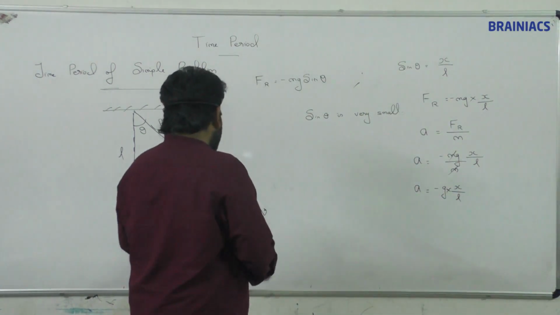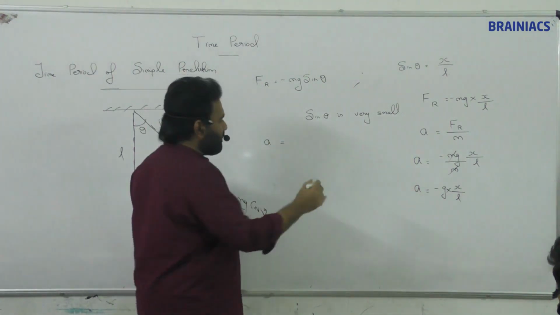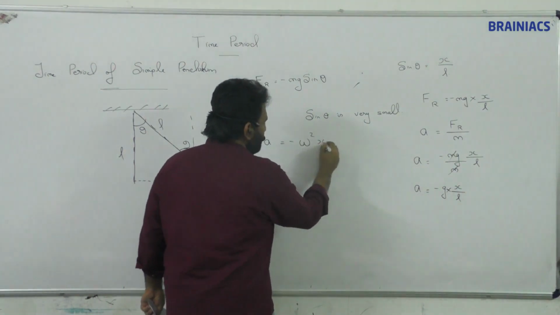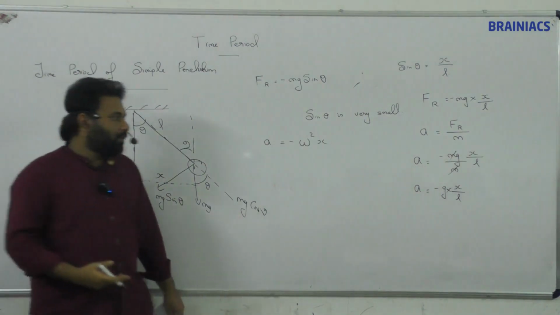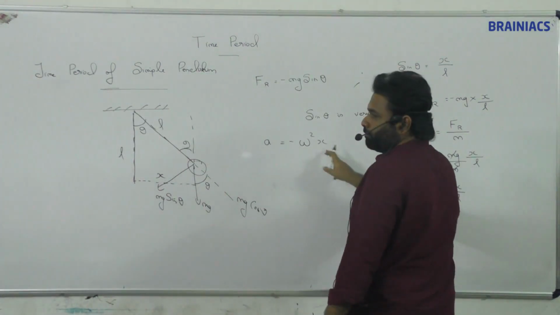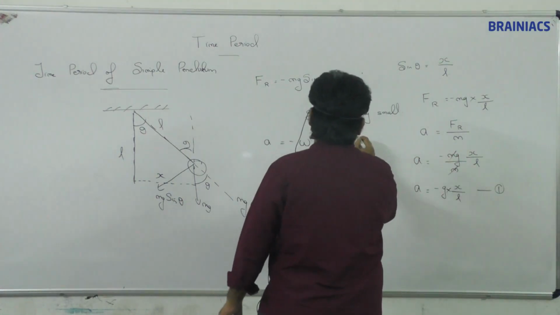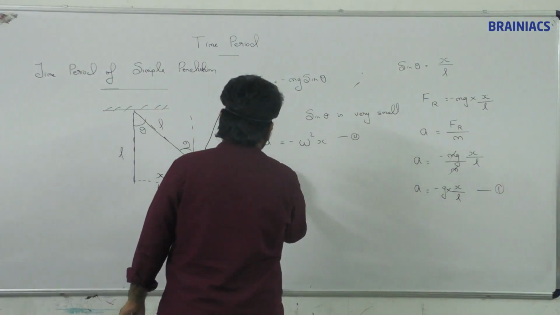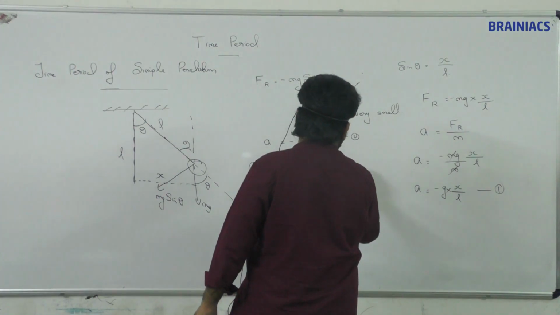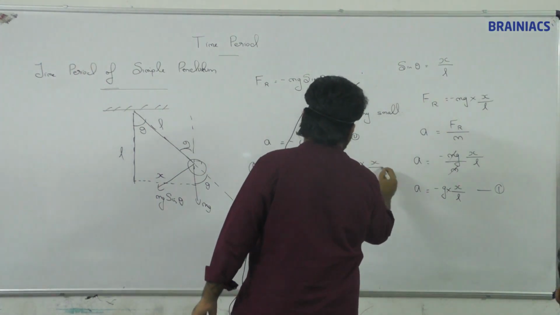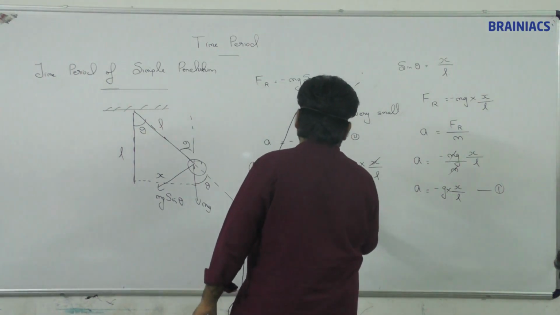Now we will take the general equation of simple harmonic motion. A is equal to minus omega square x. This is the general equation of acceleration. So can we equate this and this? Let this be 1, this be 2. So equating 1 and 2, we will be getting minus omega square x is equal to minus g into x by L. This x will be cancelled, negative will be cancelled.